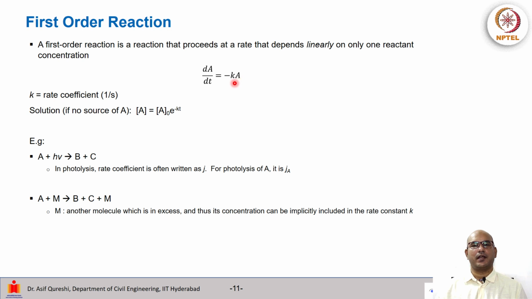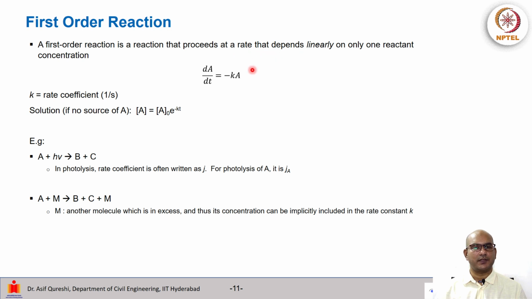A to the power 1 basically means A. So, dA by dt is equal to minus K times A, where our rate coefficient is 1 by s. The solution to this equation, assuming there is no source of A continuously, is concentration of A at any time t equal to concentration of A at time 0 multiplied by e to the power minus kt.